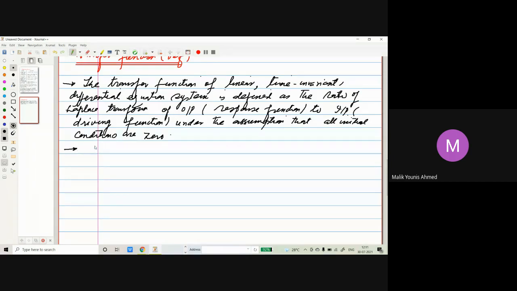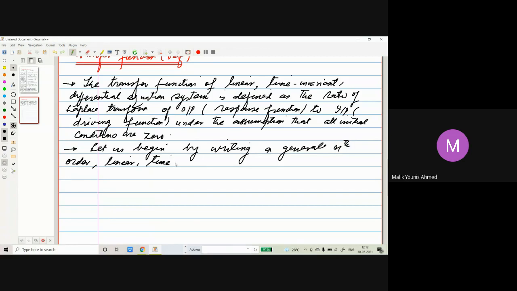Let us begin. We'll derive the expression for that by writing a general nth order linear time invariant differential equation.